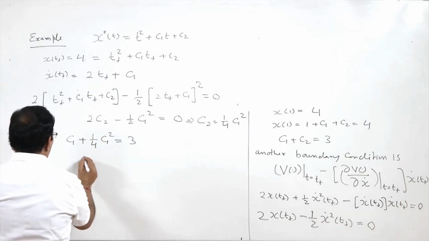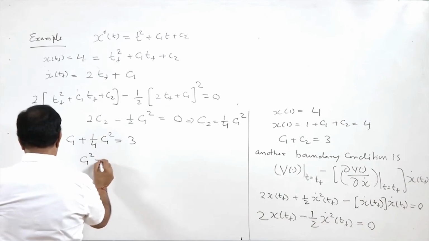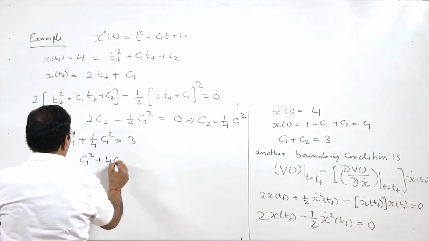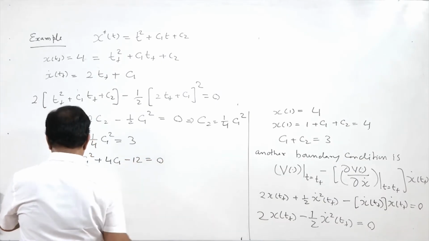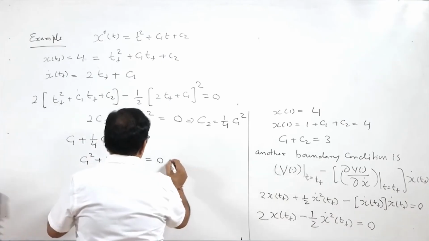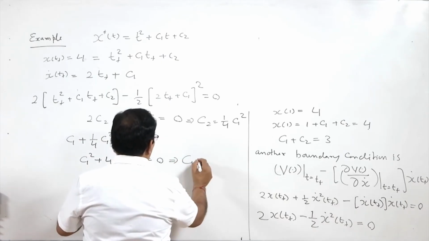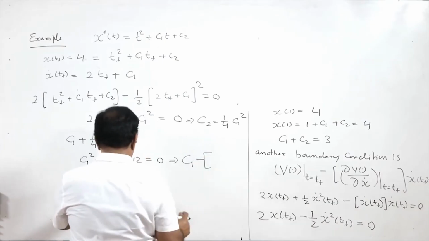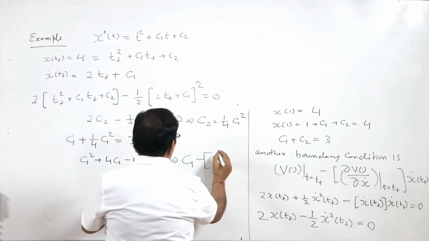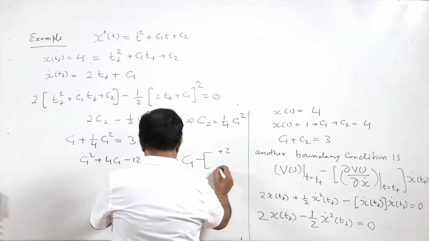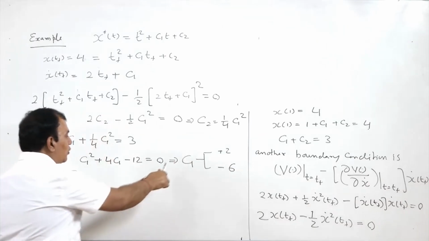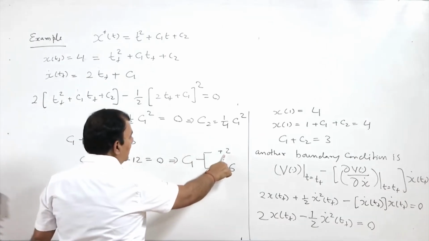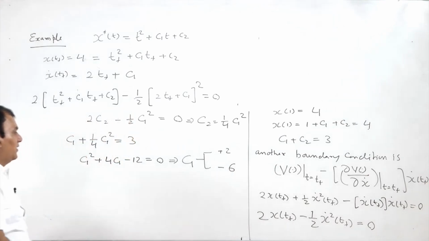So, this gives me the equation C1 square plus 4 C1 minus 12 equal to 0, and this gives me the values of C1: one is plus 2 and another is minus 6.